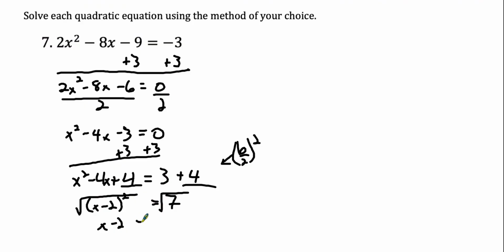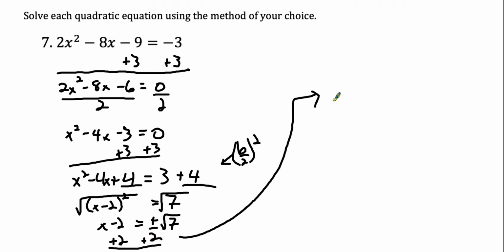So we get x minus 2 equals, remember, whenever we take the square root, plus or minus, and 7 is not a perfect square, so I will just leave that as plus or minus square root of 7. And the last thing I need to do to get x by itself is add the 2 over to the other side. So I'm out of room, so I will come up here to write my final answer. 2 plus or minus the square root of 7.